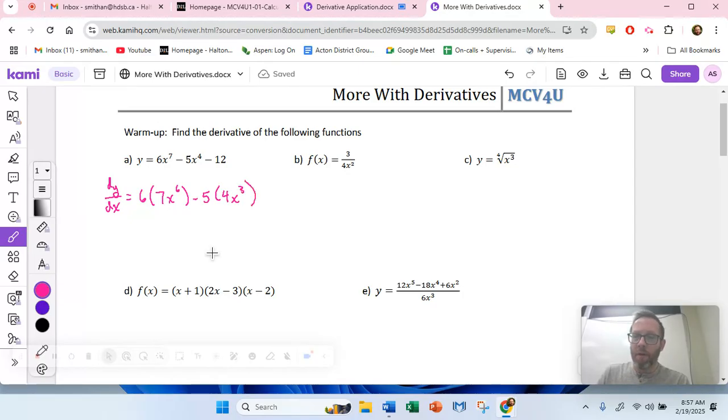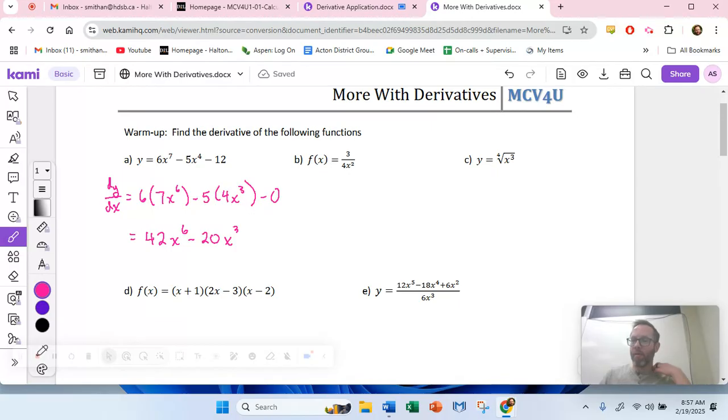If you feel more comfortable writing out subtract 0 because the derivative of 12 is 0, you can do that as well. But I think that many of you will just go right to the derivative, at least for something like part A.